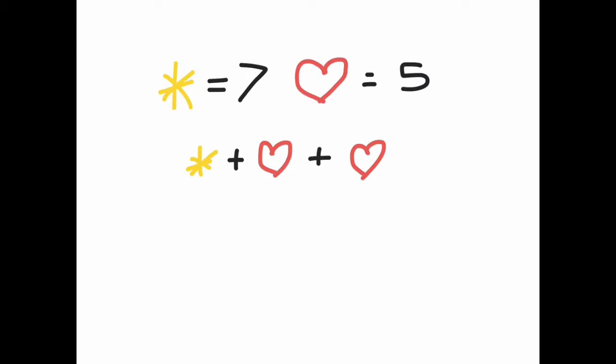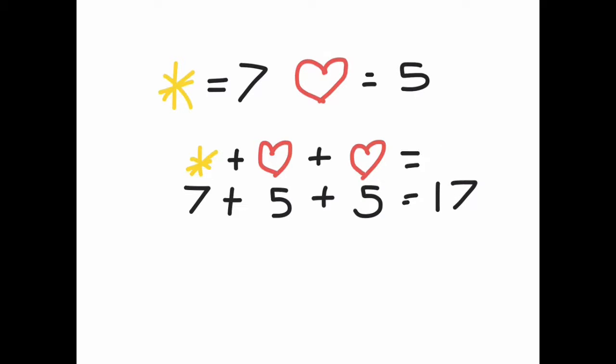So we already know that the star itself equals 7. So we're going to change the star for a 7. And we need to add on, the heart is 5, so we're going to add on 5, and then we need to add on another 5. So we know that 5 add 5 is 10, and 7 add 10 is 17. So star add heart add heart equals 17.